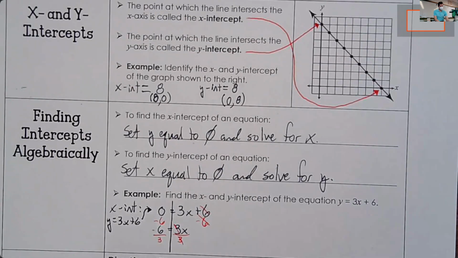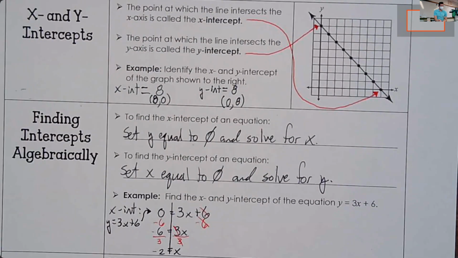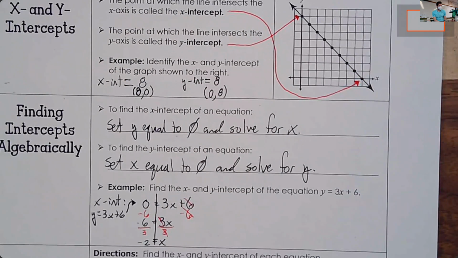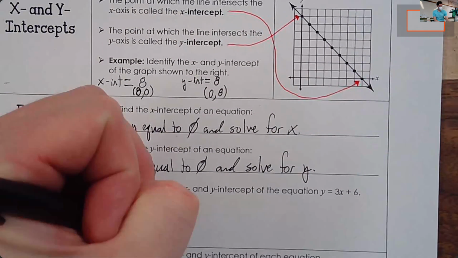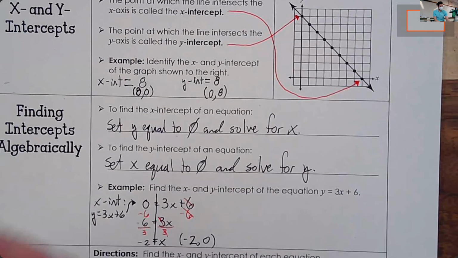Negative 6 divided by 3 is negative 2. So the x-intercept is negative 2. And if we're talking about coordinates on a graph, that would be the point negative 2, 0. All right, so that's the quick little algebra we can use to get the x-intercept.